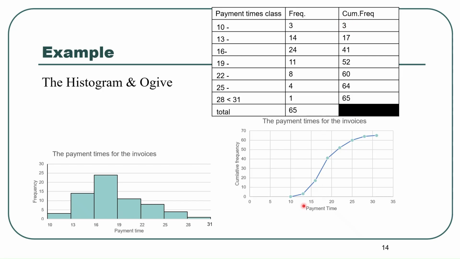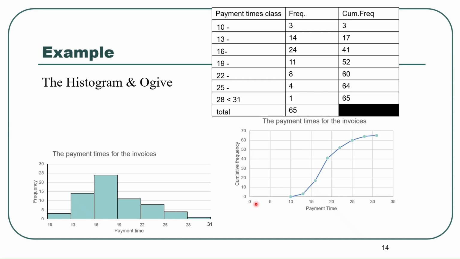So this is my 13 and the cumulative frequency is at 3. This is at the height of 3 according to our graph. And at 16 I have a height of 17, and so until the last one, 31, I would have the point at a height of 65.